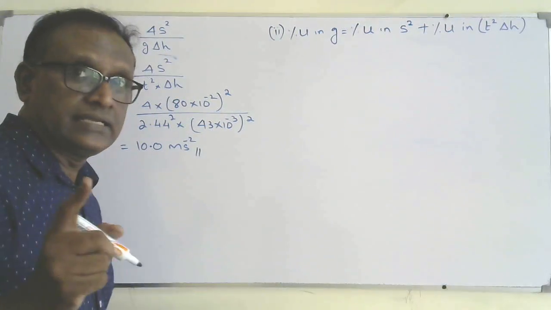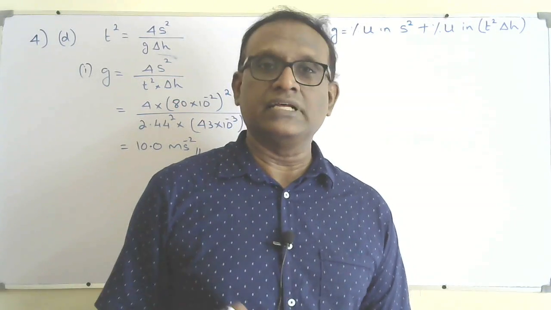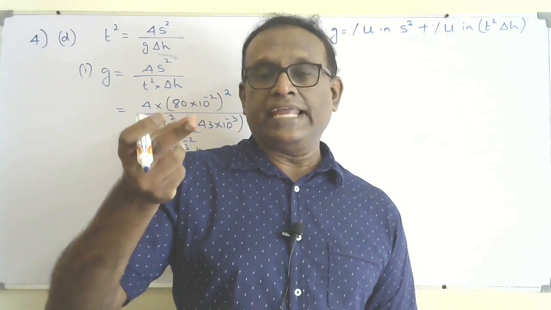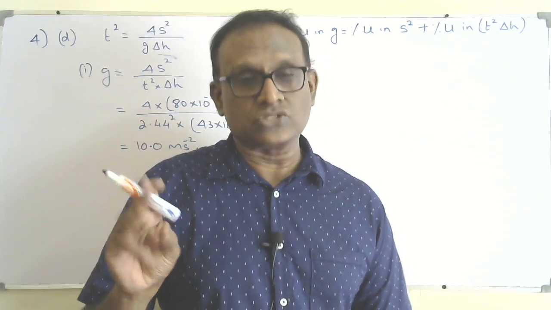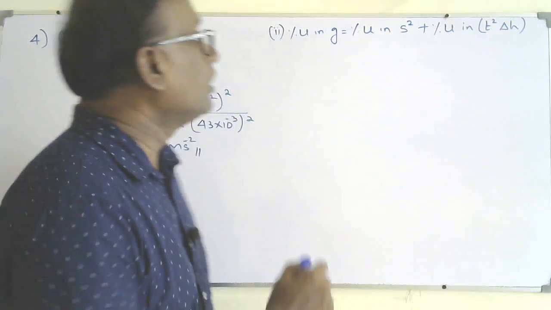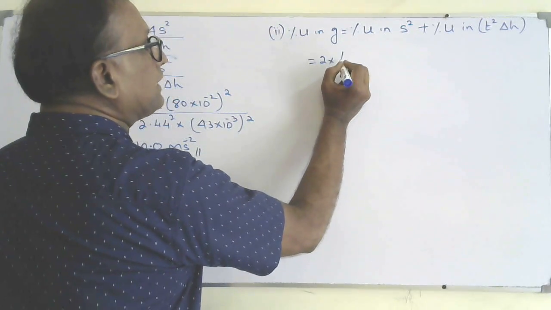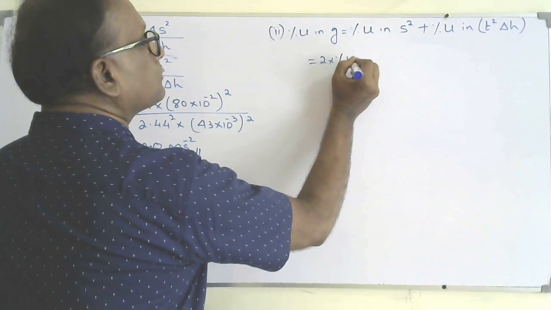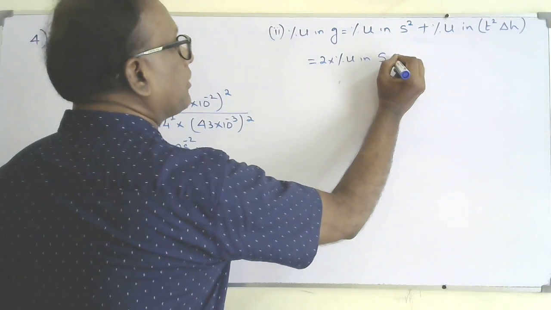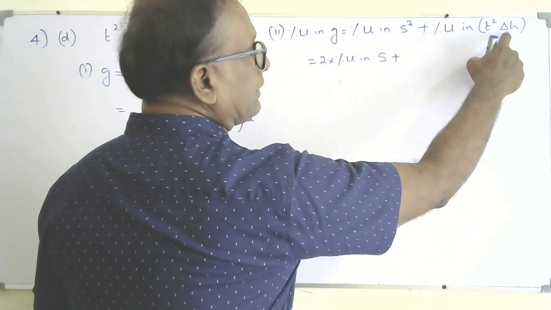So go through my video regarding the error calculation lesson, I'll give the link for that. For x to the power n, the percentage uncertainty is n times the percentage uncertainty in x. So the index comes to the front. So percentage uncertainty in s squared means 2 times percentage uncertainty in s, plus percentage uncertainty in t squared into delta h.